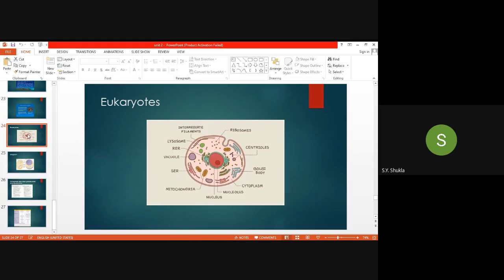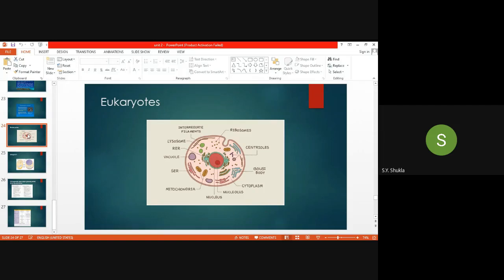The number of cells is also ranging from the unicellular to multicellular. This is a wide variety present in the eukaryotes.